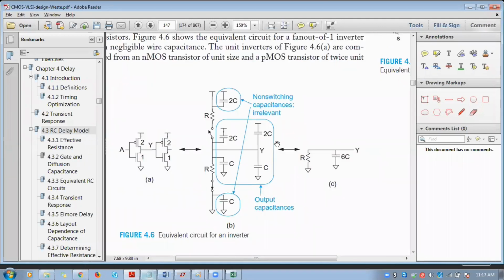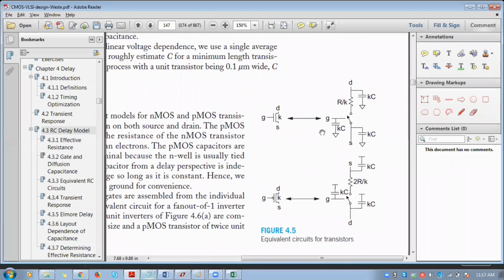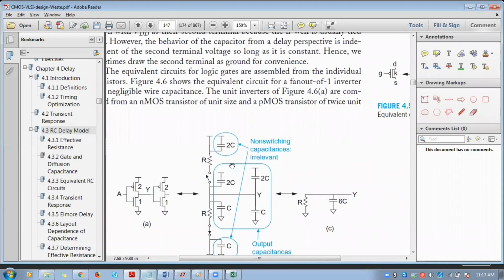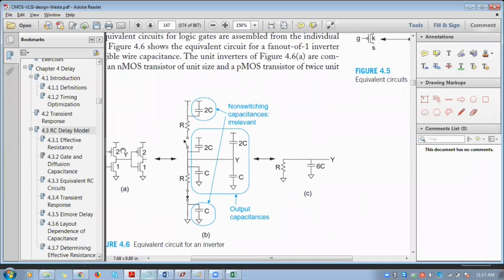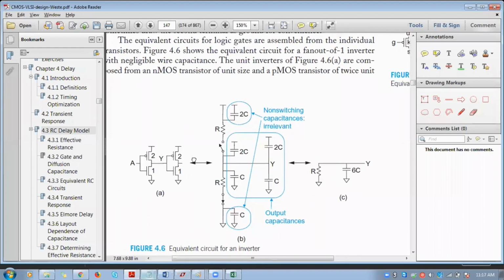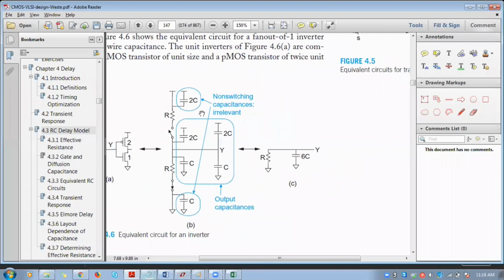Actually, these capacitance effects are not there. Whenever we specify the input capacitance, it appears as the input capacitance of the load from the second stage. The first stage does not have any input capacitance because it is not driven by any previous stage. So whenever we specify an input capacitance, we calculate it with respect to the second stage.